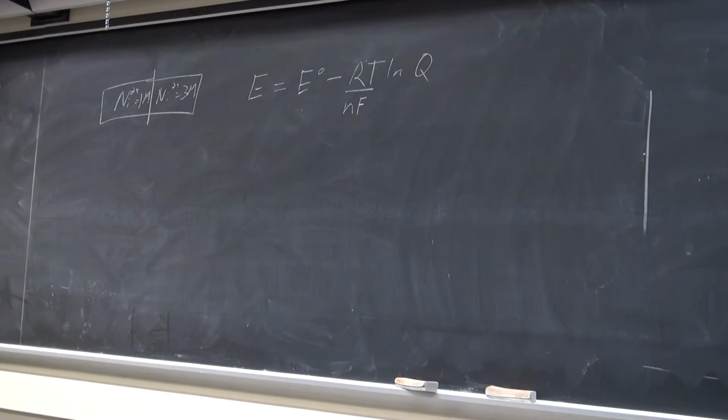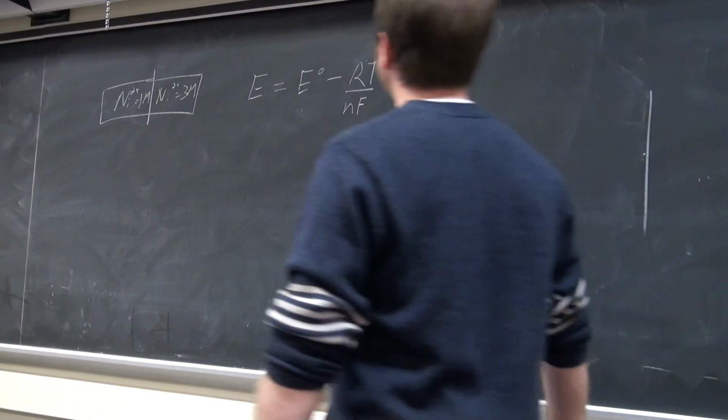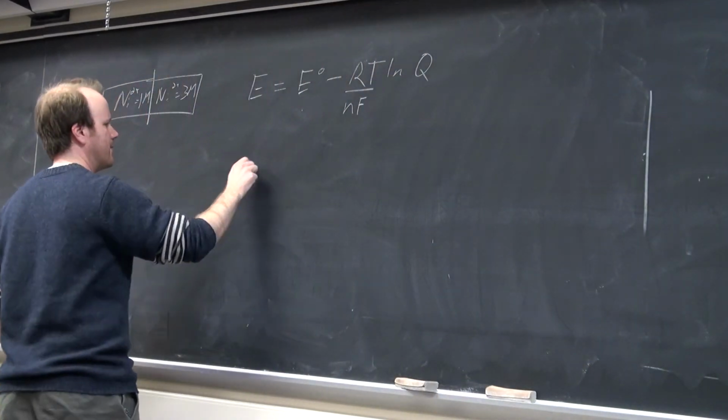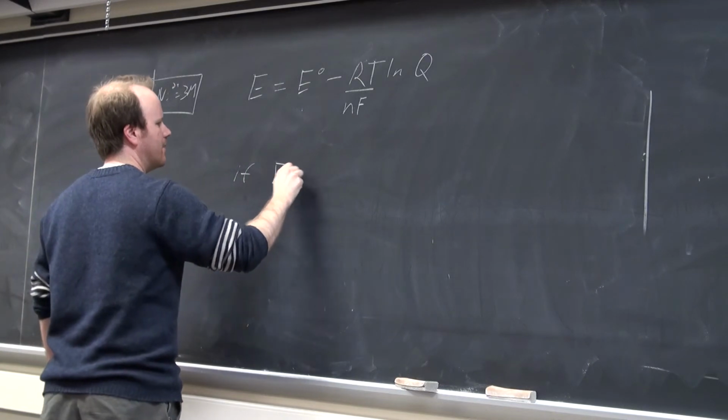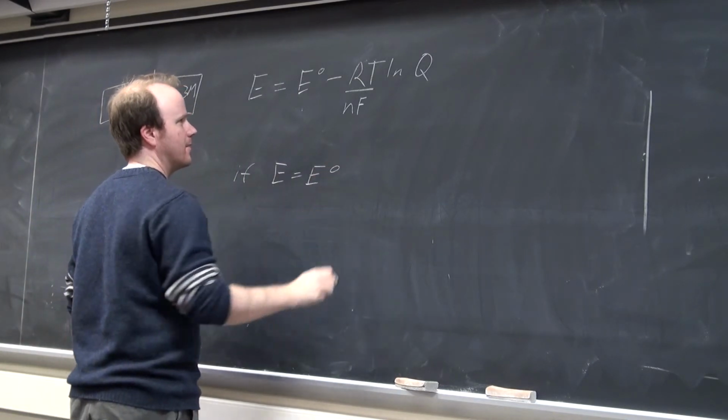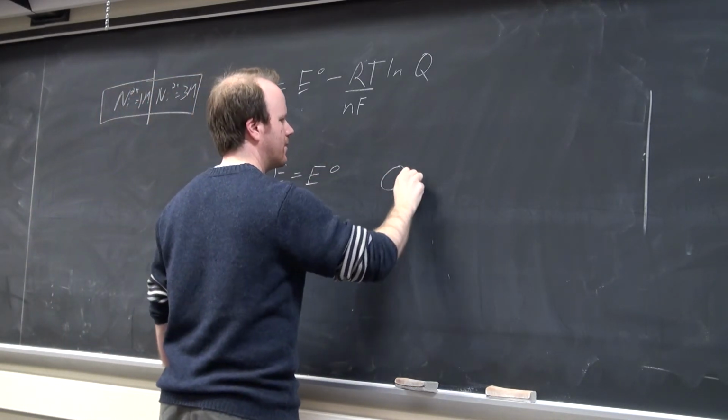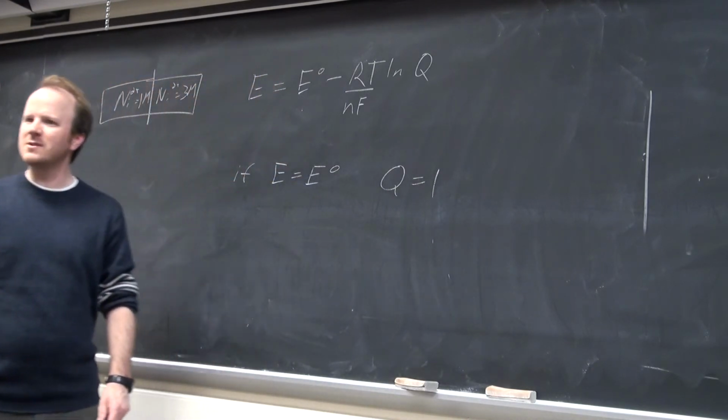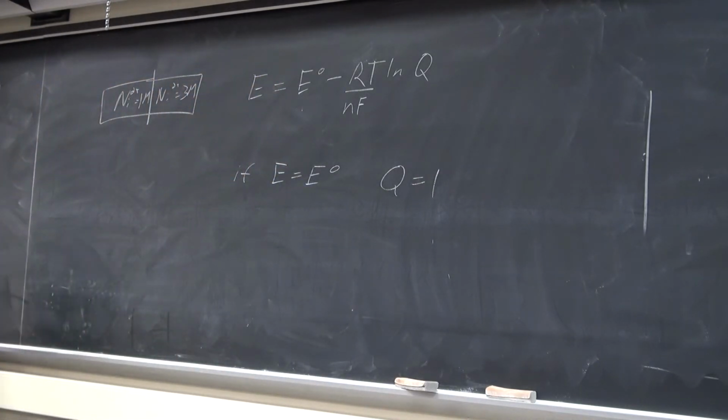If E is E0, what's Q? Reaction quotient. And if Q is 1, what do we know about the concentration of these species? They're the same, right? So if E equals E0, what's this term? 0, right? ln of Q is 0.